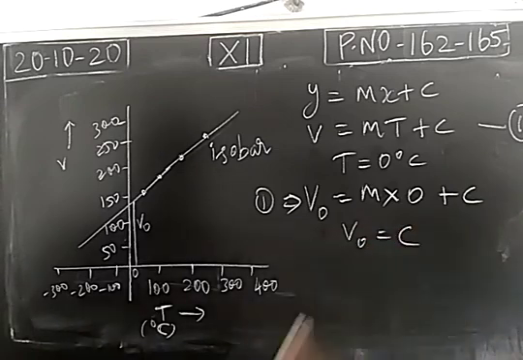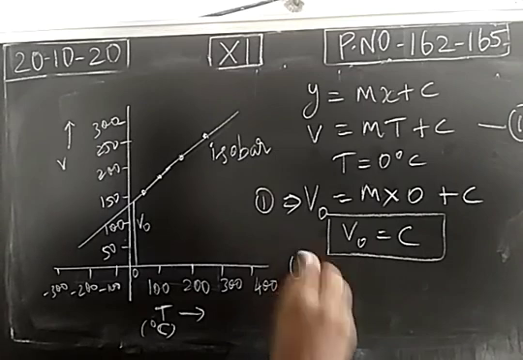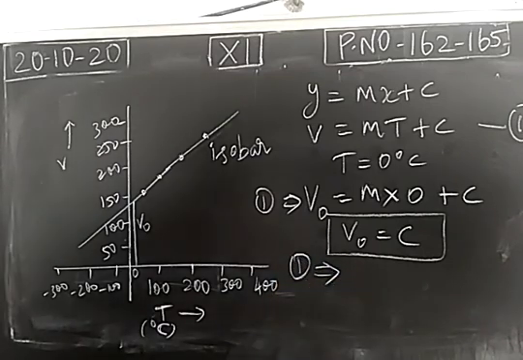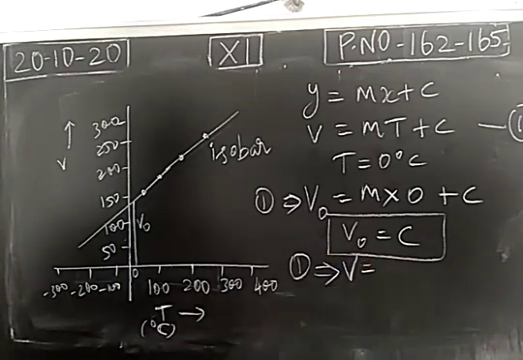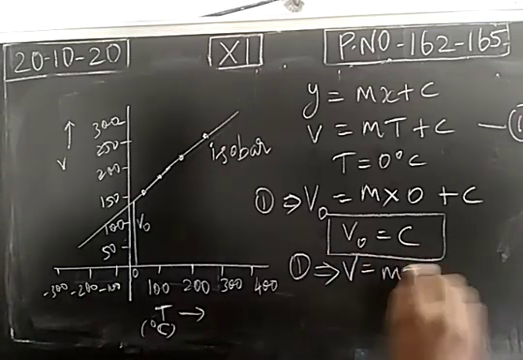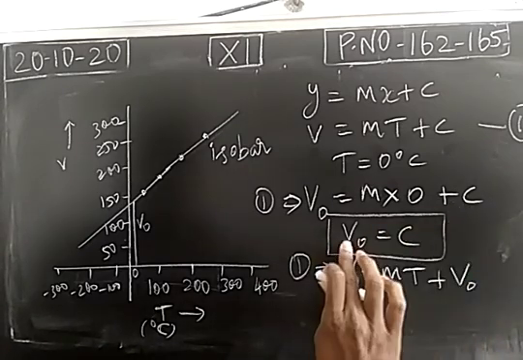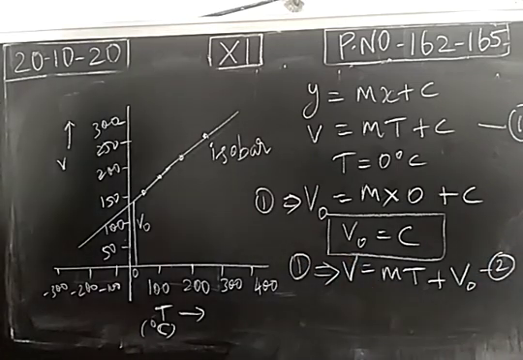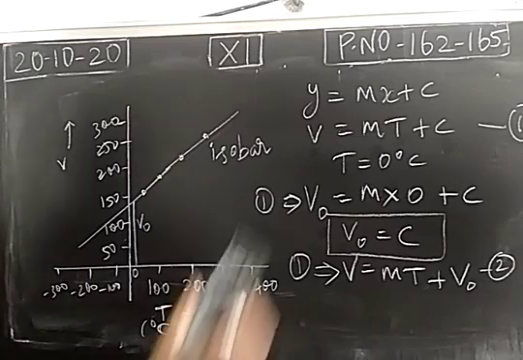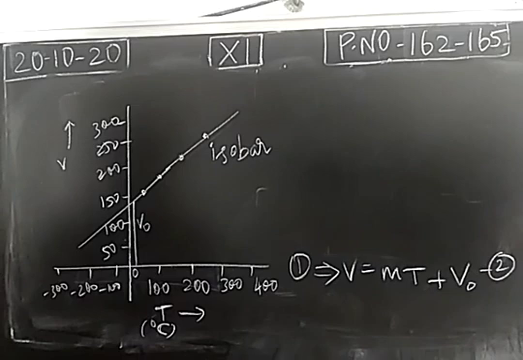So V0 is equal to c. Substitute this value in equation 1. V is equal to mT plus, instead of c we write V0. So this is equation number 2. So from the straight line equation, we have obtained equation 2.